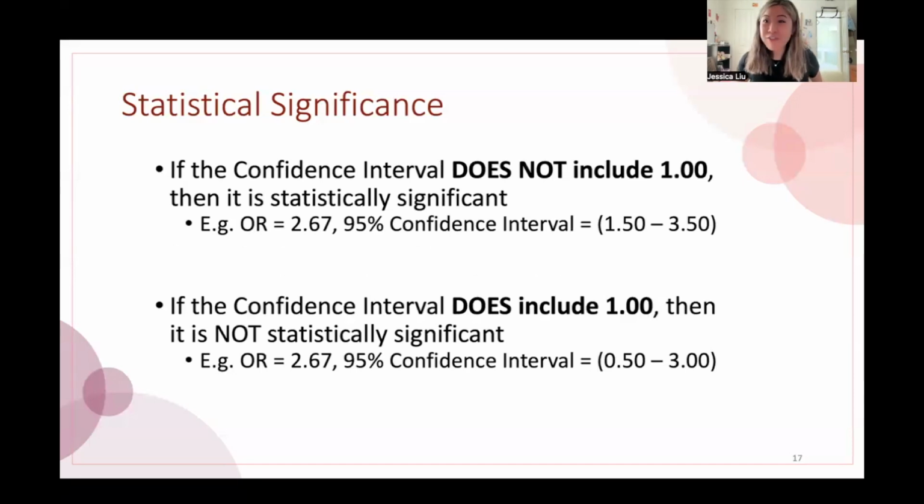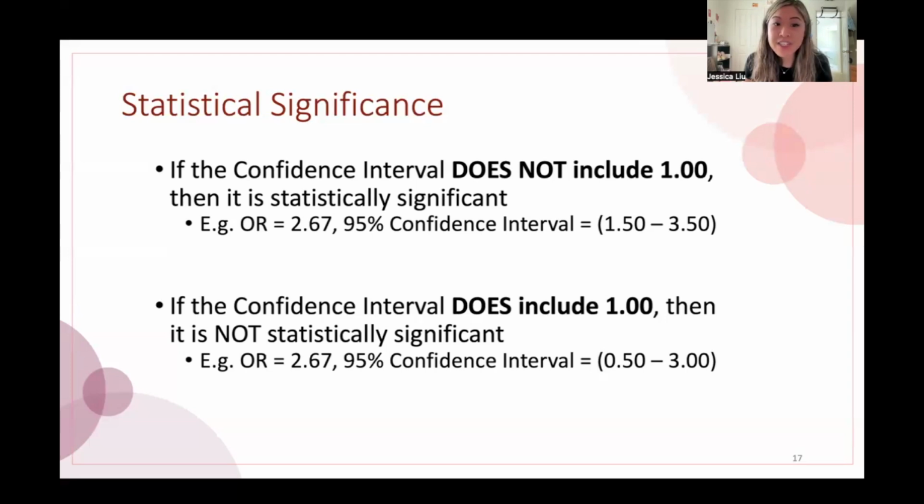So, interpreting confidence intervals. If your confidence interval does not include 1 for an odds ratio, then it is statistically significant. Again, this is for odds ratios. I don't explicitly have that here on the slide. So for example, if we had our odds ratio of 2.67 and your 95% confidence interval is 1.5 to 3.5, then it would be statistically significant because 1 is not a part of that confidence interval.